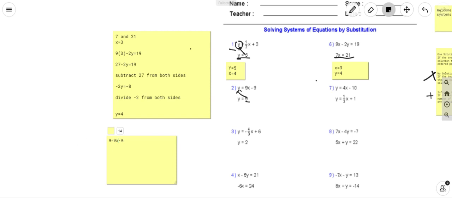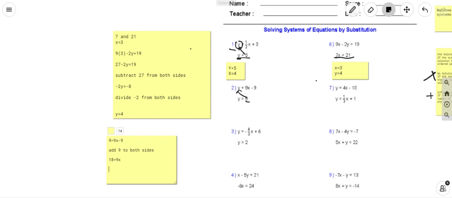We would add 9 to both sides, and after adding 9 to both sides, we would have 18 equals 9x.